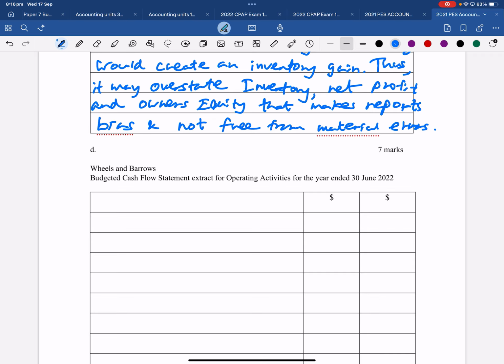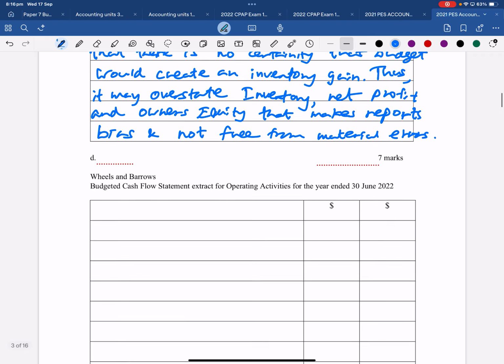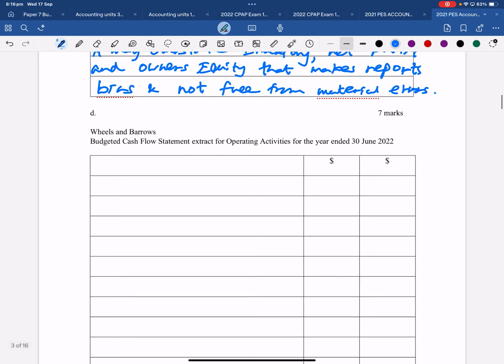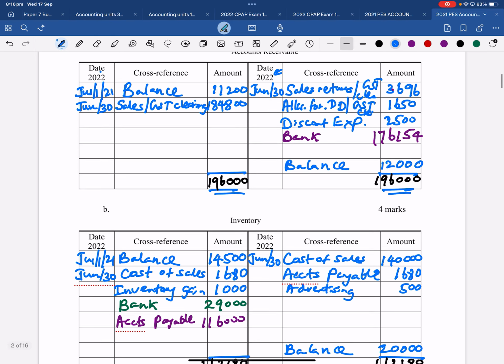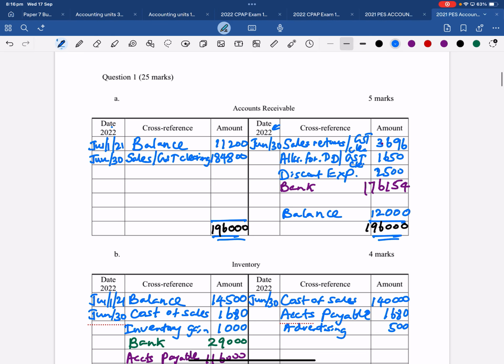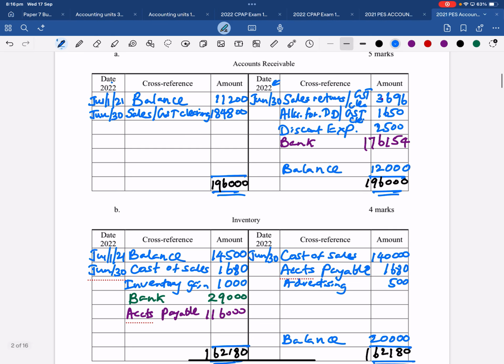Okay guys, shall we do it? Now already we have found some answers for this one. What is it? Receipts from accounts receivable, that amount, and payment of cash to inventory. Yes, you can record them.